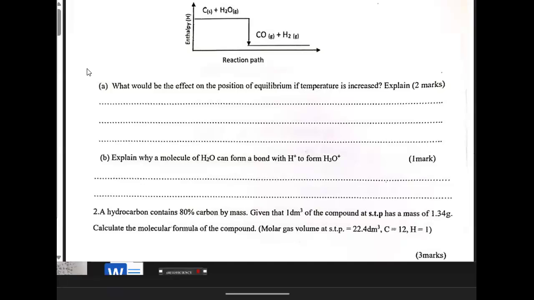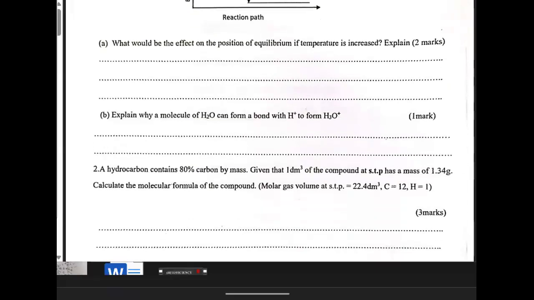Then we are given the molar gas volume. Molar gas volume means 1 mole occupies 22.4 decimeter cubed. And then we are given the RAMs. Carbon is 12, hydrogen is 1. Calculating, we start from what is known. 1 decimeter cubed will contain how many moles? 22.4 decimeter cubed will be contained by 1 mole.